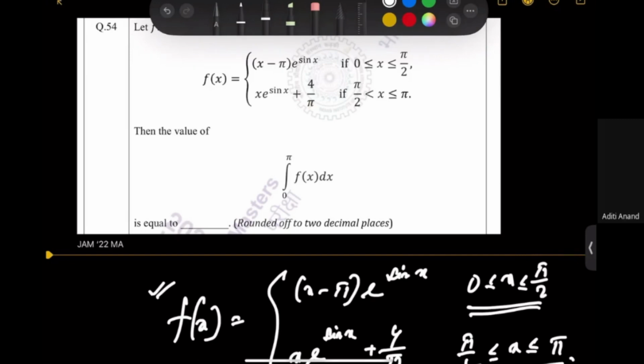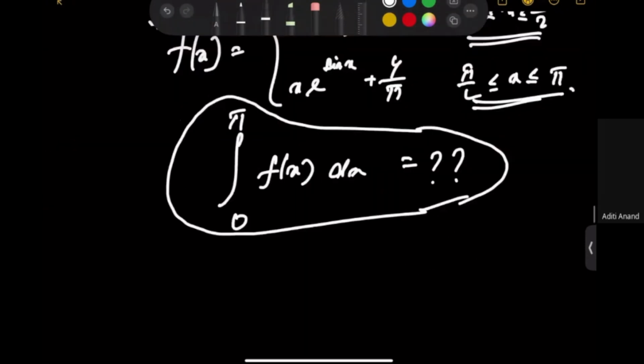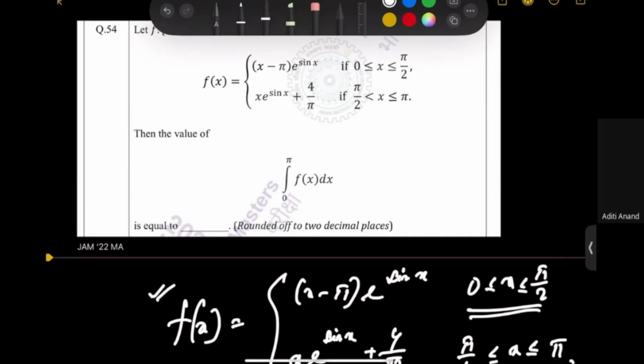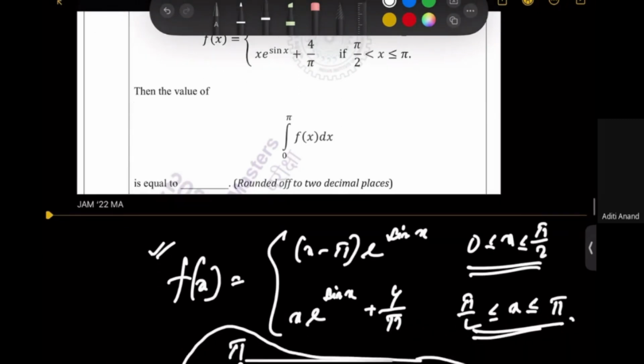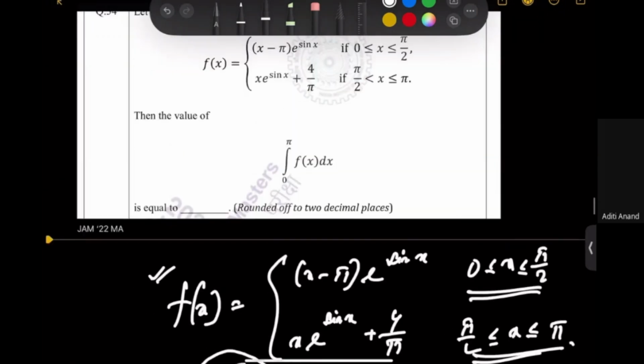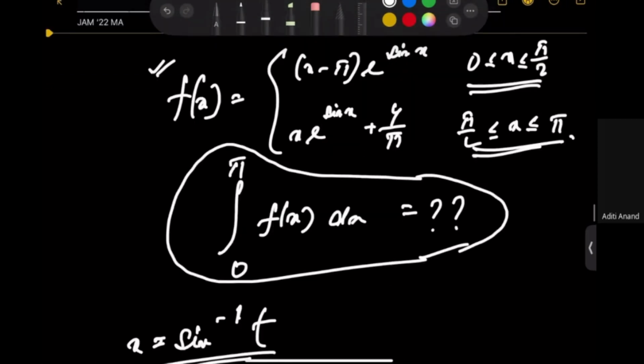Can we replace x by sine inverse of t? Okay, let's see how it works. The idea is so that sin x becomes t.